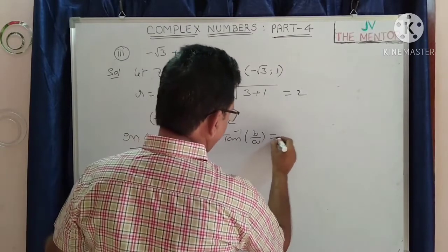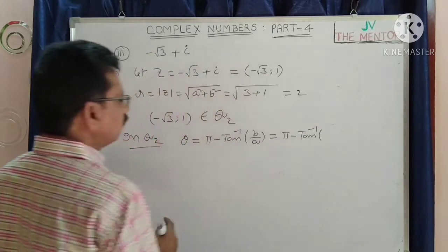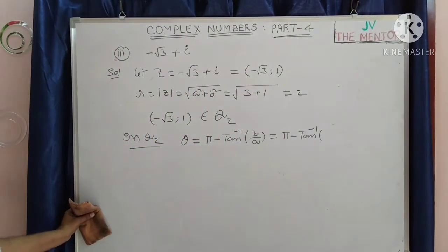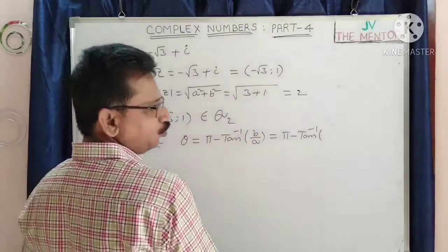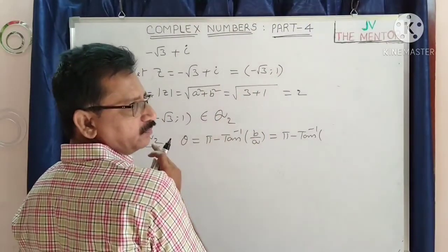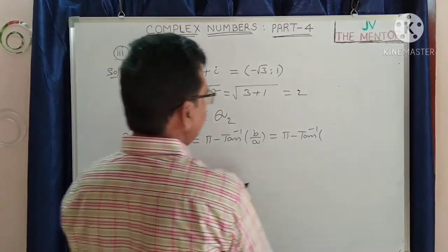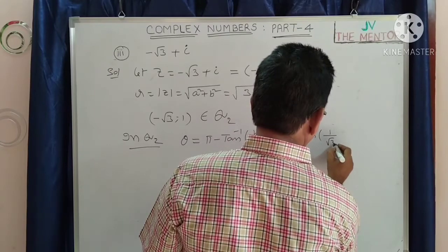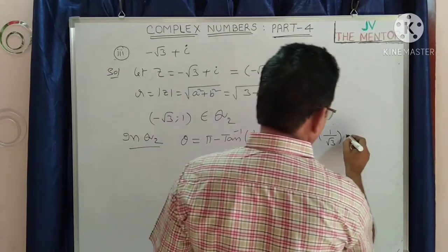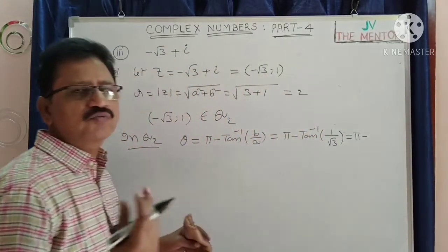That equal to pi minus tan inverse. What are the values of a and b without signs? Here a is root 3, b is 1. Now here we don't consider the signs of a and b. That equal to pi minus tan inverse 1 by root 3.